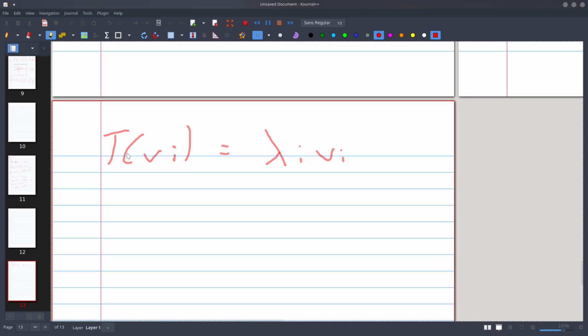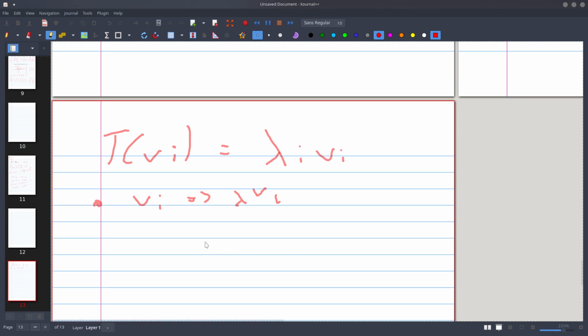The transformation on this ith basis vector is equal to lambda i times the basis vector. So this is the input space, this is the output space, and you're trying to figure out what is A. The first input vector is V1, and we're working with knowns and unknowns. Our first input vector is V1, and the output is lambda 1 V1, okay? And so we write the output as a combination of the basis vectors, and so it's lambda 1 times V1, and none of the others. Can you see what's going on here?